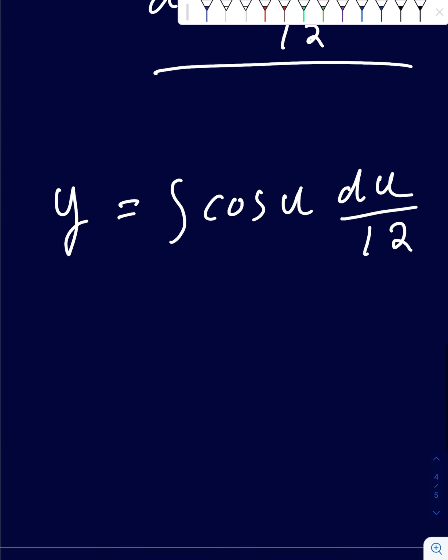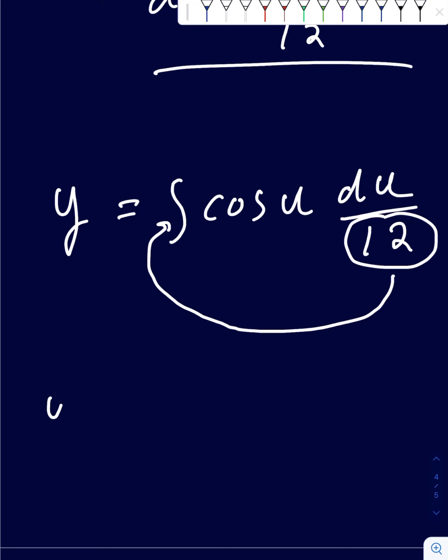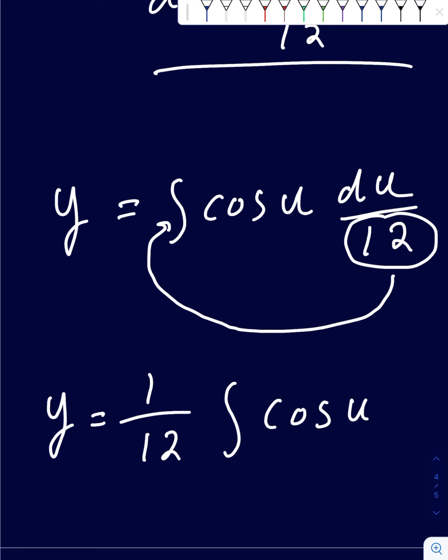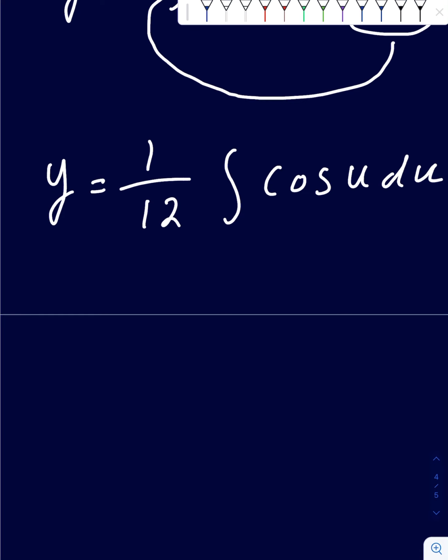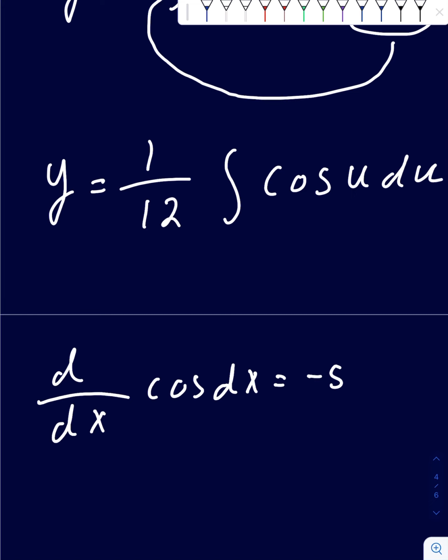Great. So what we could do after this is we grab this 12 and take it all the way in front of the integral. It's going to be y equal to 1 over 12 times the integral of cosine u du. And so we know, I always write it out, the derivative of cosine x dx is equal to negative sine x dx.